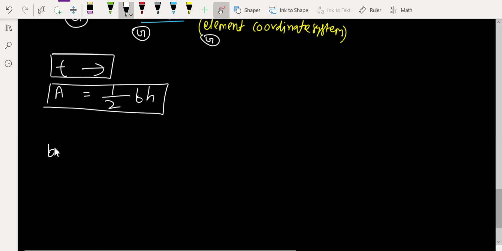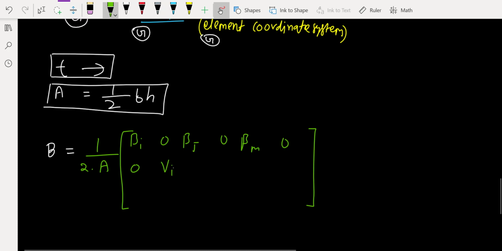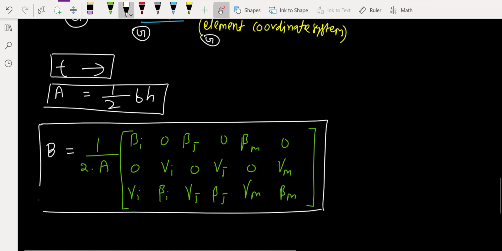The explicit formula for B, the gradient matrix, is 1 by 2 into area, and then a matrix with this information inside: beta I, 0, beta J, 0, beta M, 0, and then 0, gamma I, 0, gamma J, 0, gamma M, and then you combine both: gamma I, beta I, gamma J, beta J, and gamma M, beta M. This is the explicit equation.